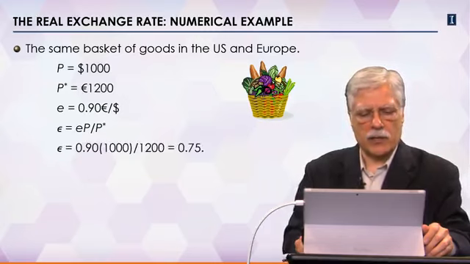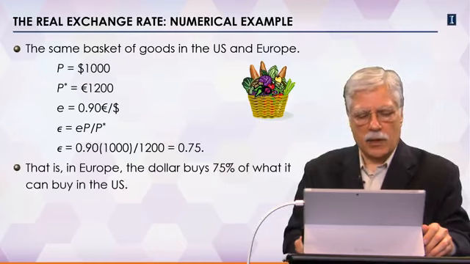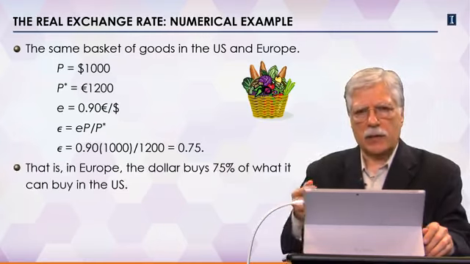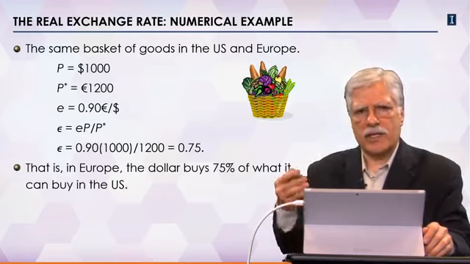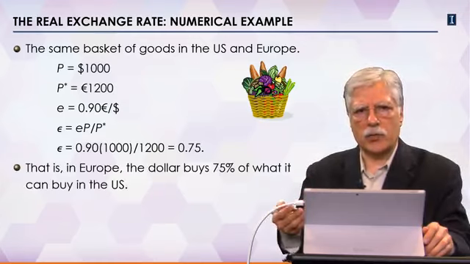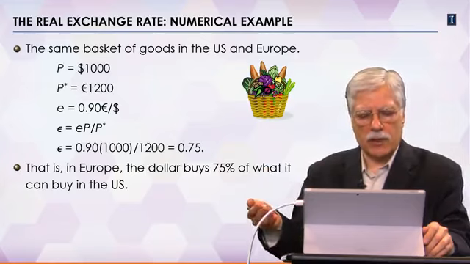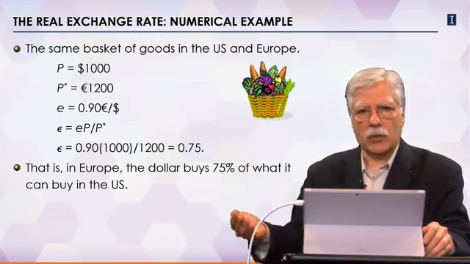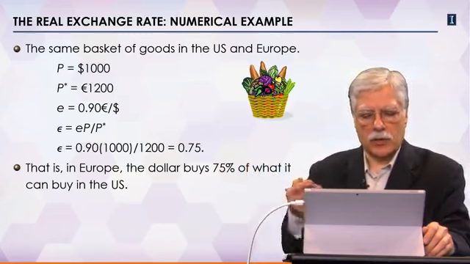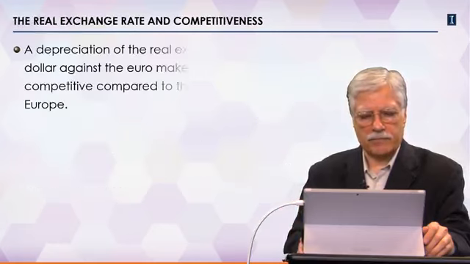In this case, if you put the numbers into that formula, the real exchange rate becomes 0.75. So this means that in Europe, the dollar buys 75% of what it can buy in the US. So it buys a lot more goods in the US, and therefore the US goods are more competitive. Similarly, the euro buys a lot more goods in the US, and therefore there's going to be more demand for US products.